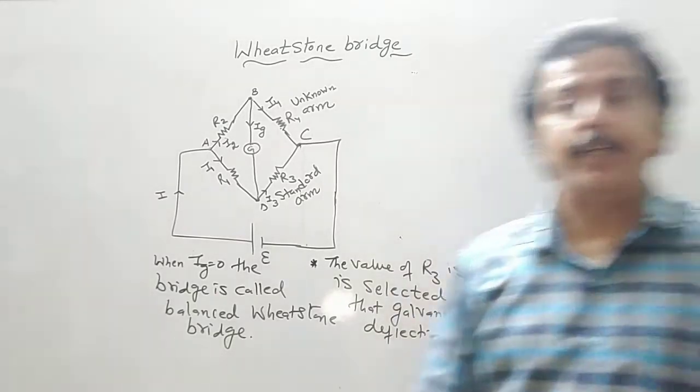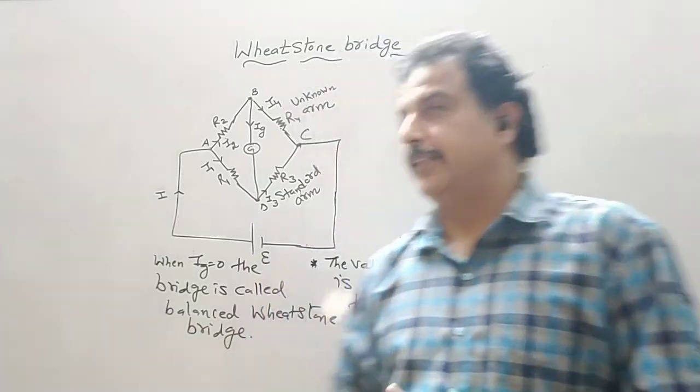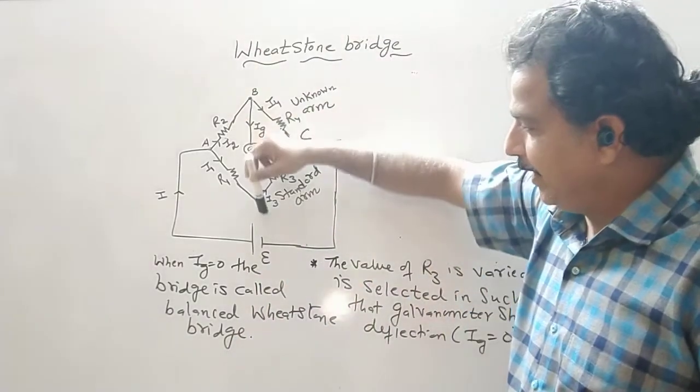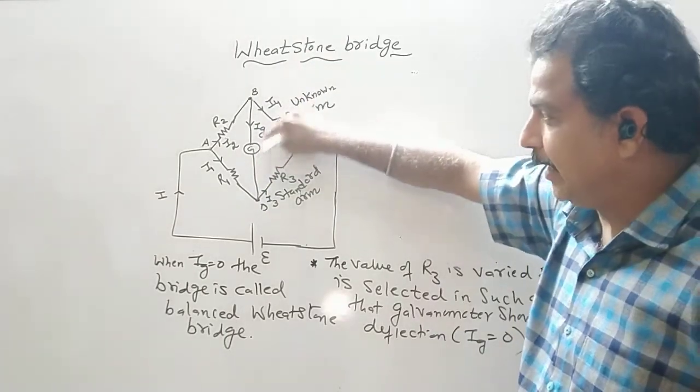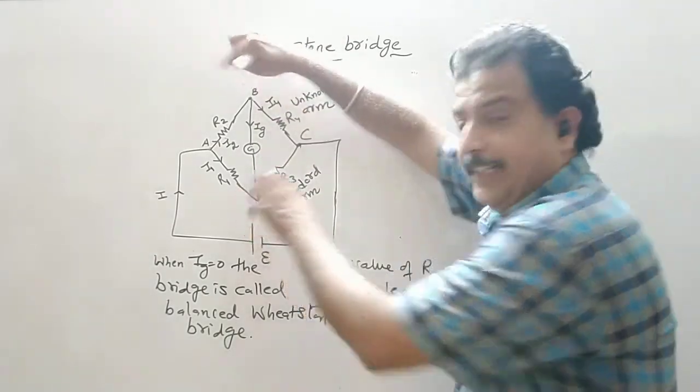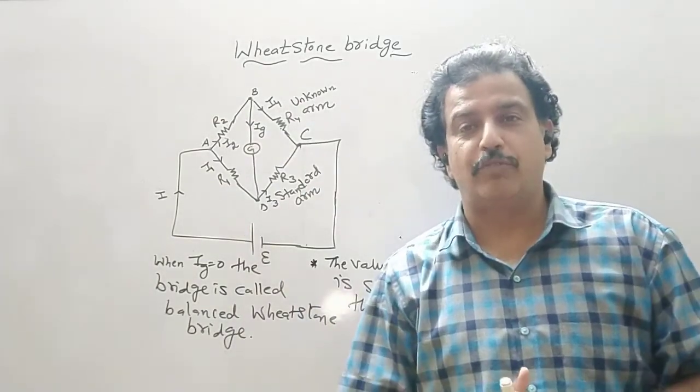So in the coming days, if I say the Wheatstone bridge is balanced, then this arm BD is ineffective. Whatever is connected between point B and D becomes ineffective because no current is flowing through it.